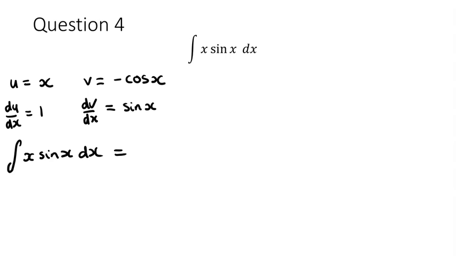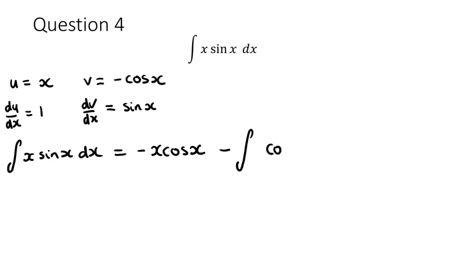So what I have to do first is do u times v, so that would be minus x times cos x. And then what you're going to do is take away the integral of du by dx times v. So that's 1 times minus cos x, which would be minus cos x.